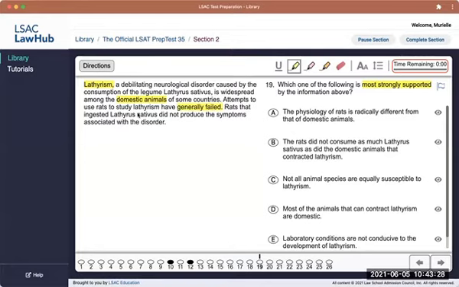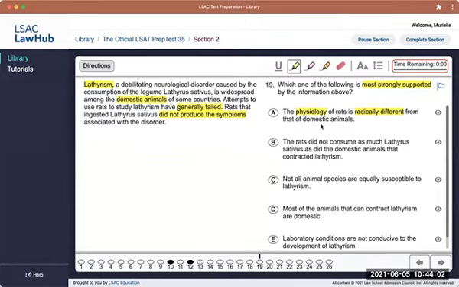Rats that ingested this legume did not produce the symptoms associated with the disorder. Okay. So they didn't produce the symptoms. Interesting. So what's most strongly supported? A: the physiology of rats is radically different from that of domestic animals.